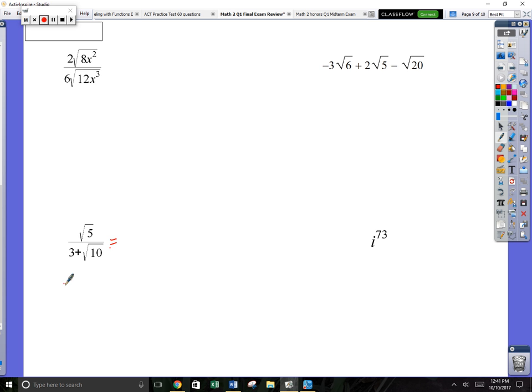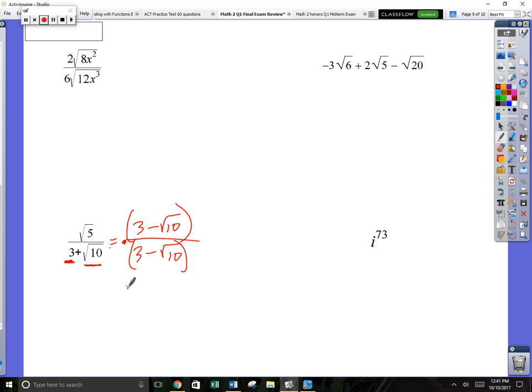On the bottom of this I have 2 terms. I've got 3, and then I got square root of 10. So I have got to multiply this by 3 minus square root of 10, and times the top by 3 minus square root of 10.